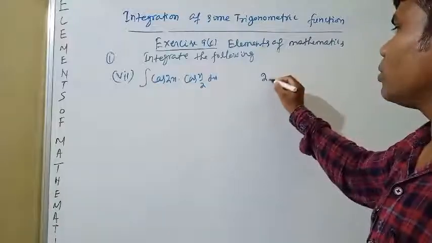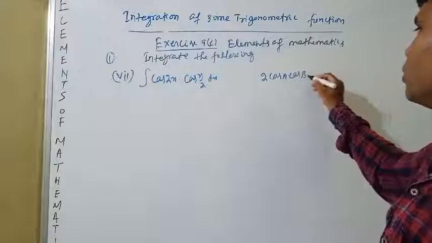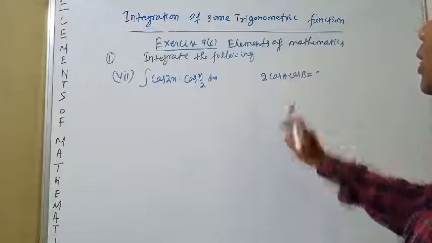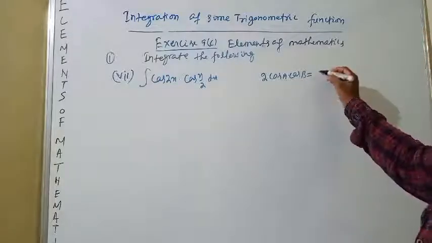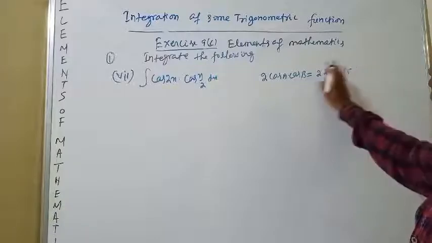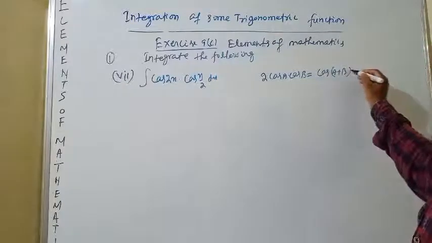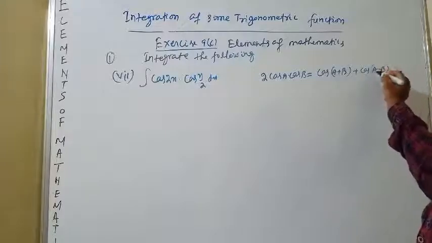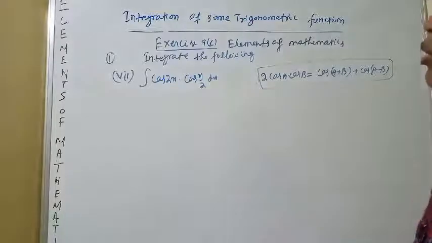Here you know the formula, 2 cos a into cos b is equal to cos(a plus b) plus cos(a minus b). This is the formula you have to use.